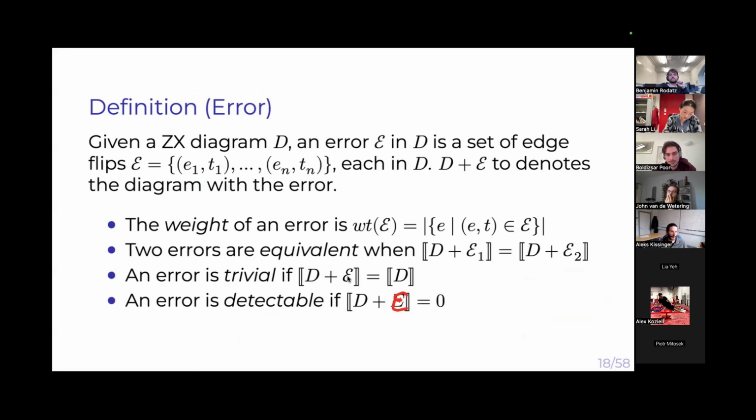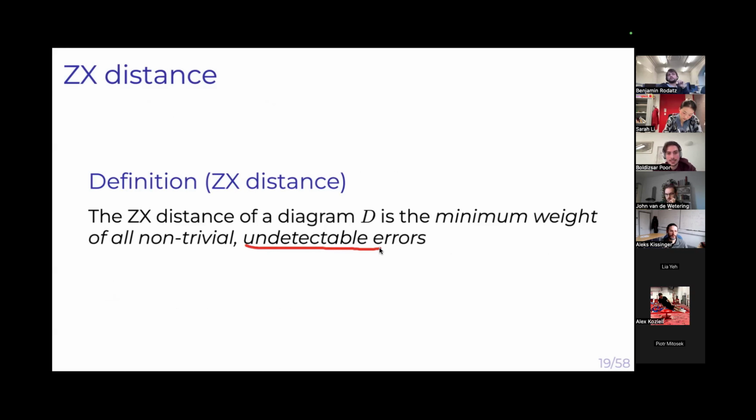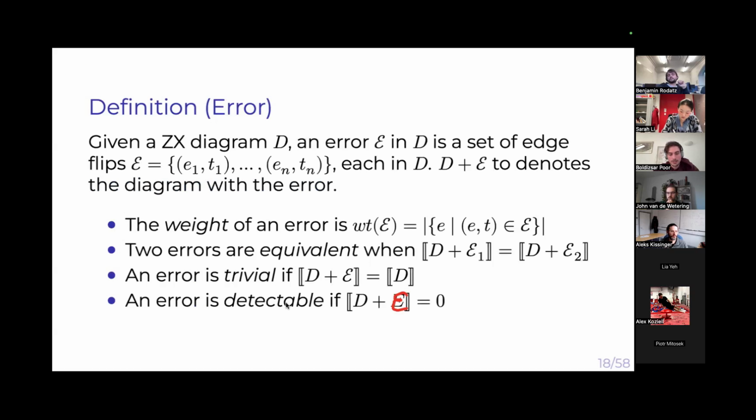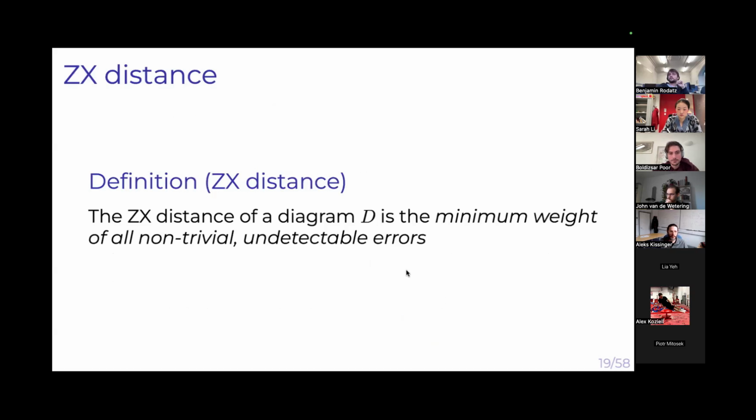A trivial error is something which doesn't do anything, so non-trivial means it changes the interpretation, and undetectable. Undetectable would make this not equal to 0. So the minimum weight of all non-trivial undetectable errors is the ZX distance.